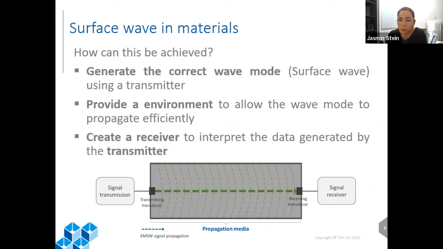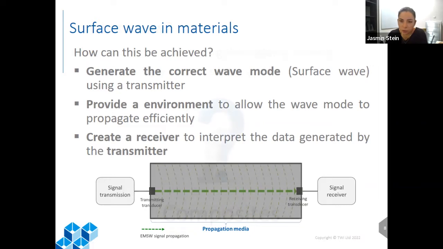Then you should be able to receive the signal and do whatever interpretation you want on that signal. And this is just a simple diagram where you get a signal transmit and signal receive, and you have a propagation media. And because the signal is not propagating through air, the signal strength and speed are much higher, and the reliability is a lot higher.